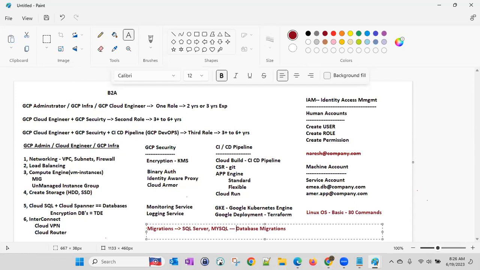Why? SQL Server is very old, from SQL Server 2000. I started my career with SQL Server 2000, my first project at Cognizant. SQL Server 2000, 2005, 2012, 2015, 2019, we have. Now suppose I want to install SQL Server 2005, your laptop won't support it.